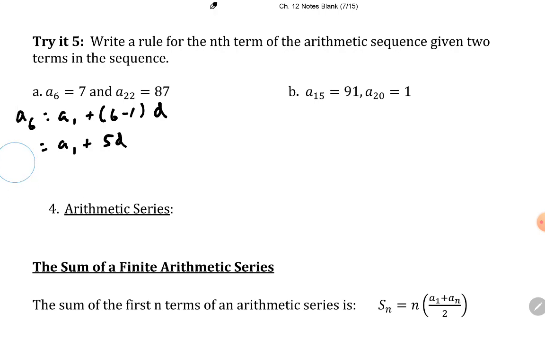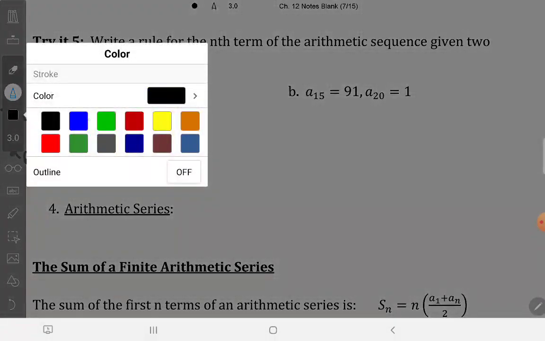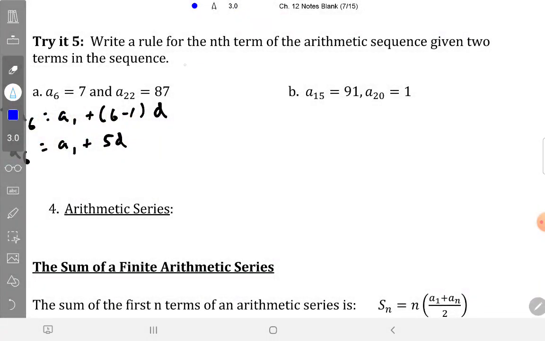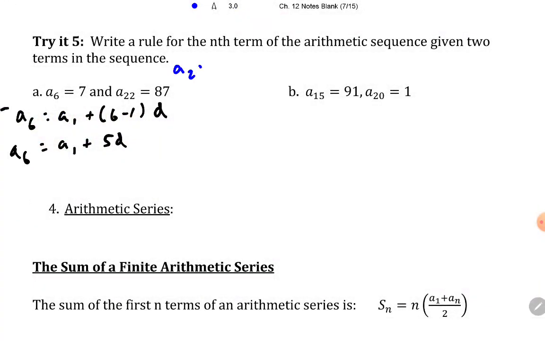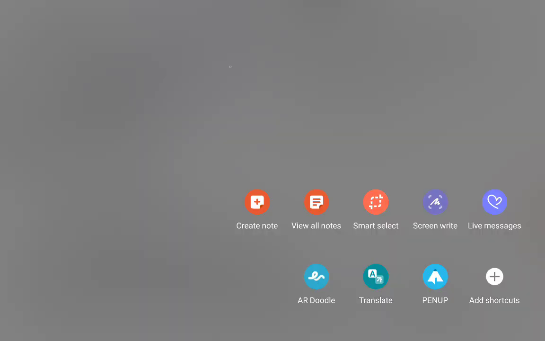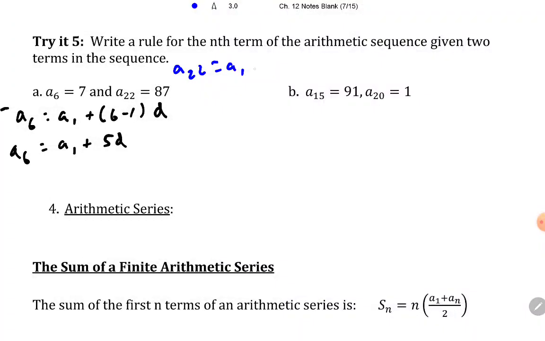Oh, that's a of 6. Okay, and now I'm going to use a different color. A sub 22 is equal to a1 plus 22 minus 1 times d. So this is a sub 1 plus 21d.